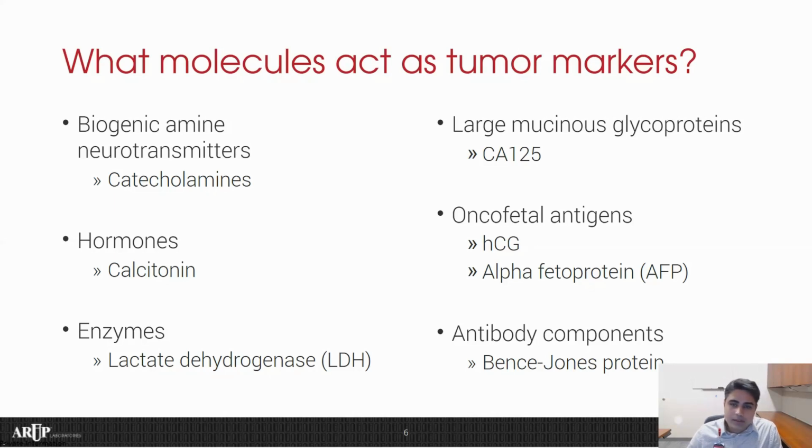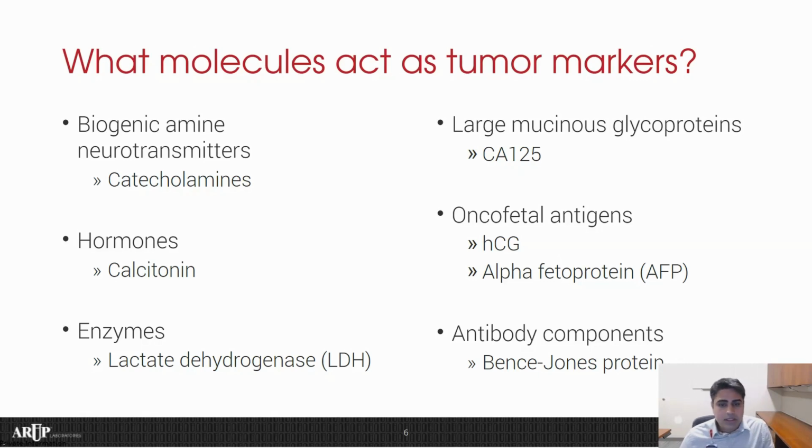Some tumor markers are hormones, such as calcitonin. Others are enzymes, such as lactate dehydrogenase. Some tumor markers are large mucin glycoproteins, such as CA125. And also, some tumor markers, as shown on the slide, are oncofetal antigens, such as HCG or alpha-fetoprotein.